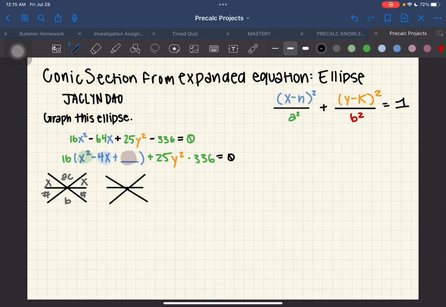We don't know what C equals, so we cannot plug in the top here. However, we do know that B is equal to negative 4.